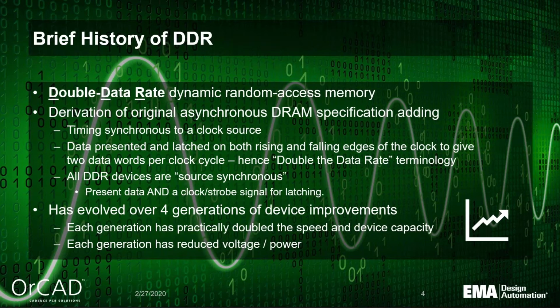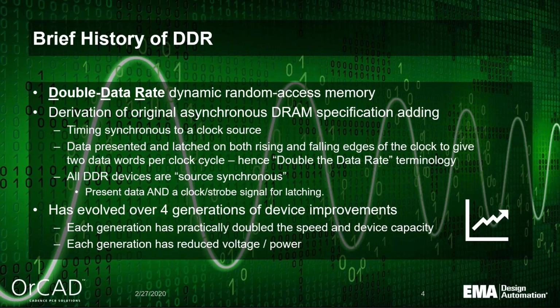So DDR, basically what it is, is double data rate. That's what the DDR acronym stands for. It's a double data rate version of the dynamic random access memory that was developed many years ago. Standard DRAMs, as you probably remember, were originally asynchronous, and with the evolution of the technology, they brought in timing synchronous capability.